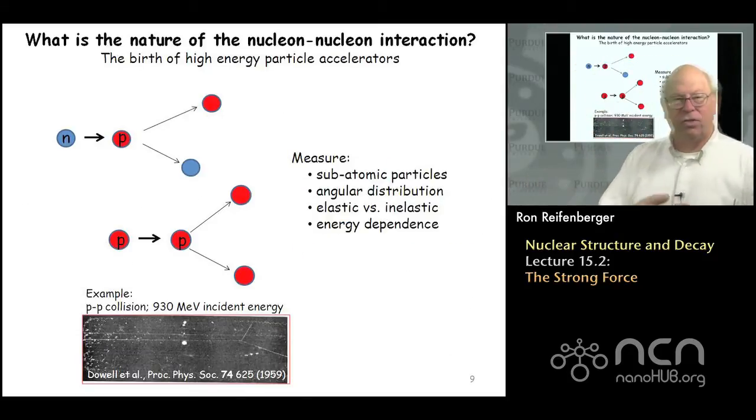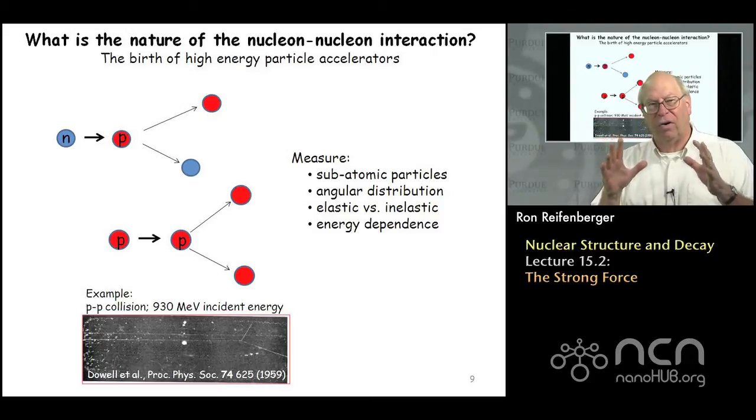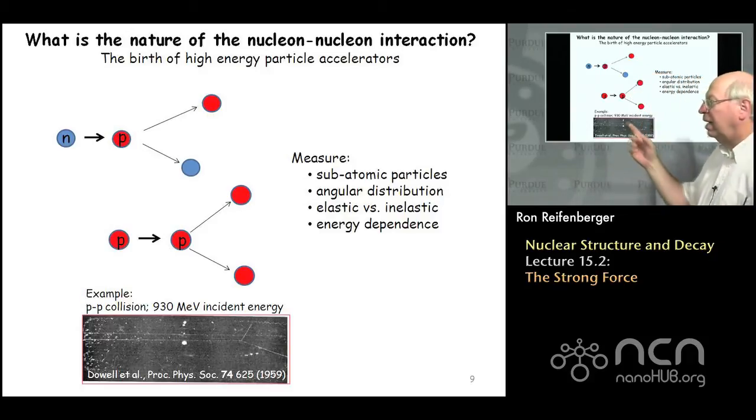the nature of these nucleon-nucleon interactions has been investigated for probably 50, 60 years. And basically all of our understanding of these interactions comes from collisions between neutrons and protons, or protons and protons.